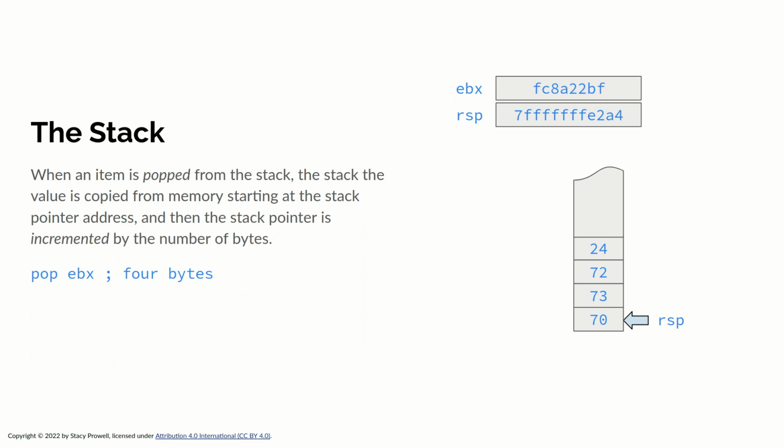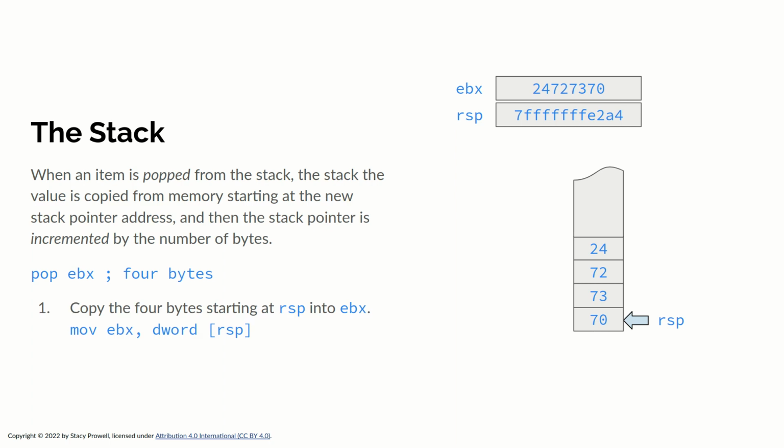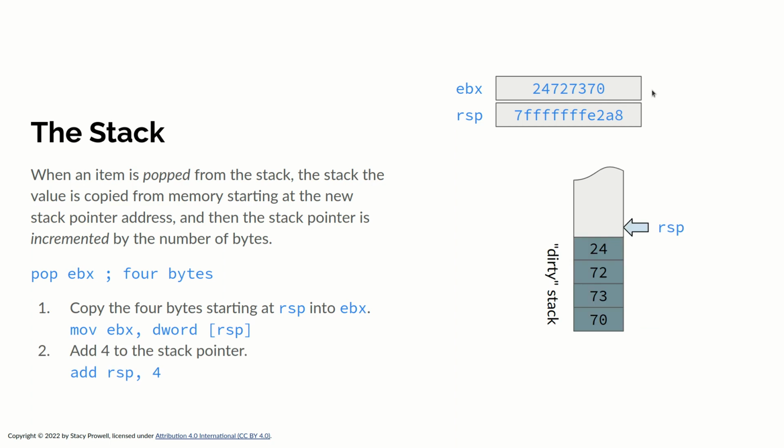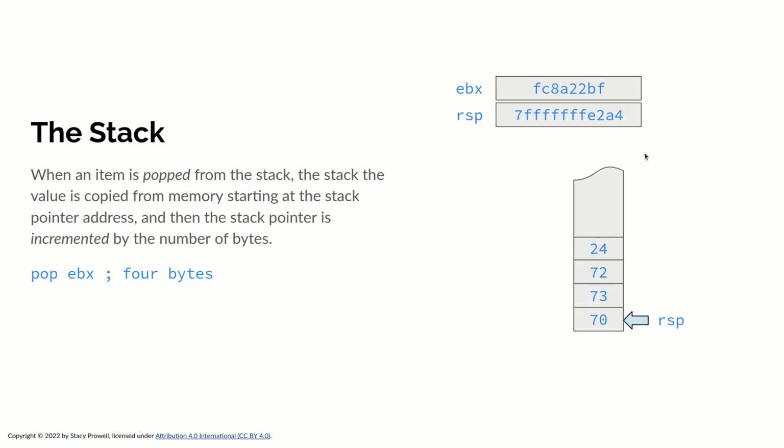When I pop an item from the stack, what happens? Up here we have some value in EBX, and we're going to pop EBX. It's 4 bytes long, so we're going to take 4 bytes off of the stack. The first thing we want to do is copy 4 bytes starting at RSP into EBX. You can see how that's going to go: lowest, so on, highest.